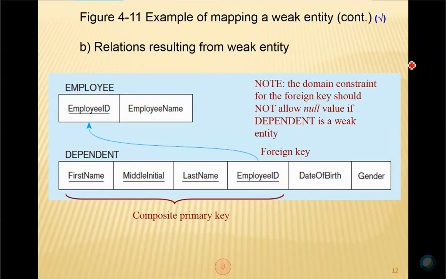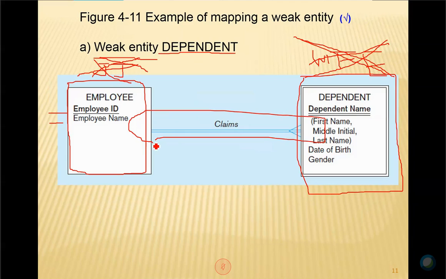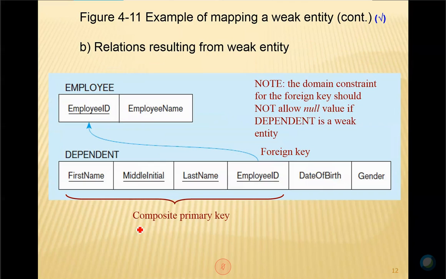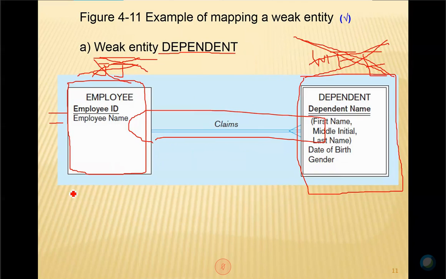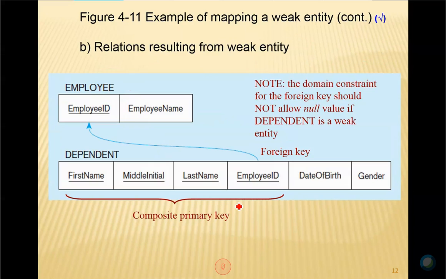So how can I convert this kind of weak relationship, identifying relationship? Page 12 is a solution. You have this information about the weak entities.